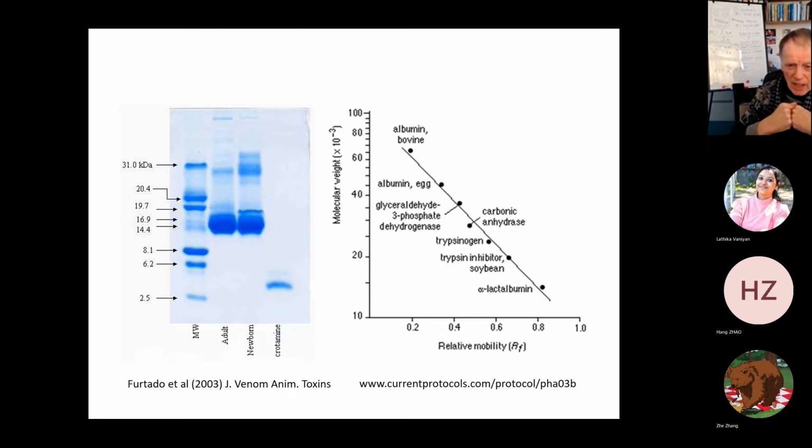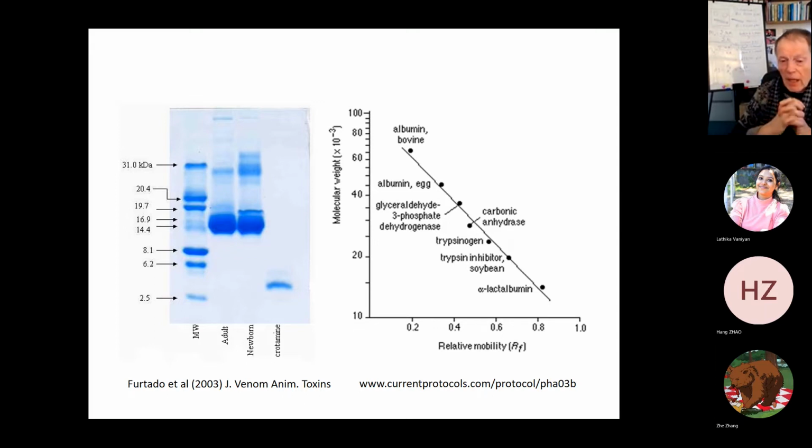When you have a very highly positively charged protein like histone, then even binding one SDS, or one negative charge, per two peptide bonds is not enough to swamp out the local charges of the histone molecules. That's an example where SDS-PAGE doesn't work.